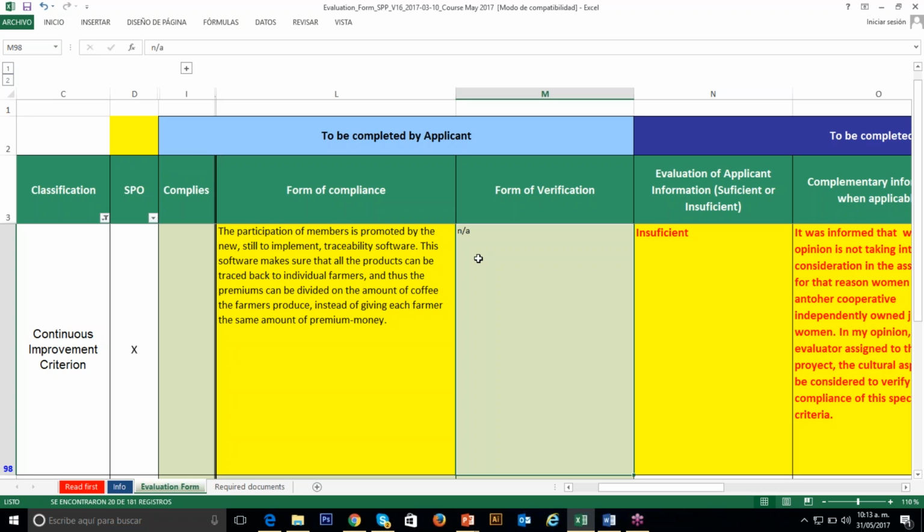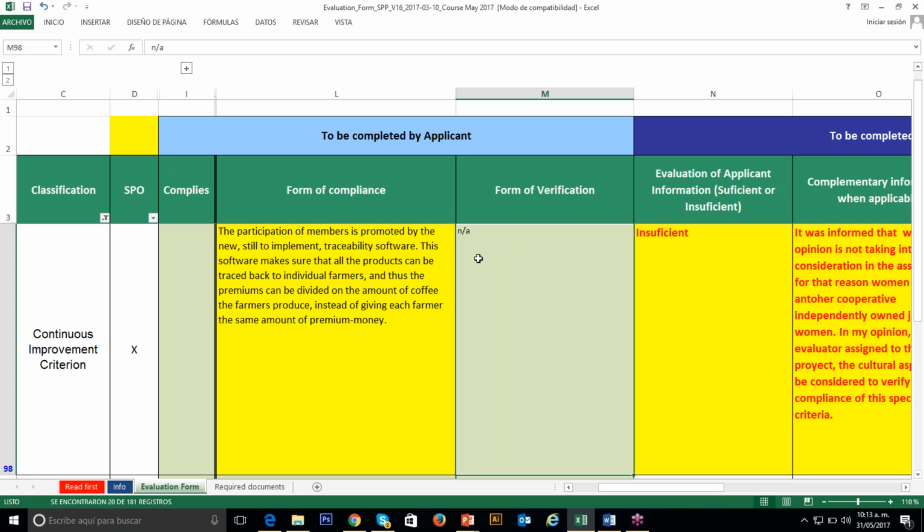Okay, yes. Now other cooperatives must do the same. They have a list of women and men which shows that they are working together. But women and men must have the same rights. Yes?